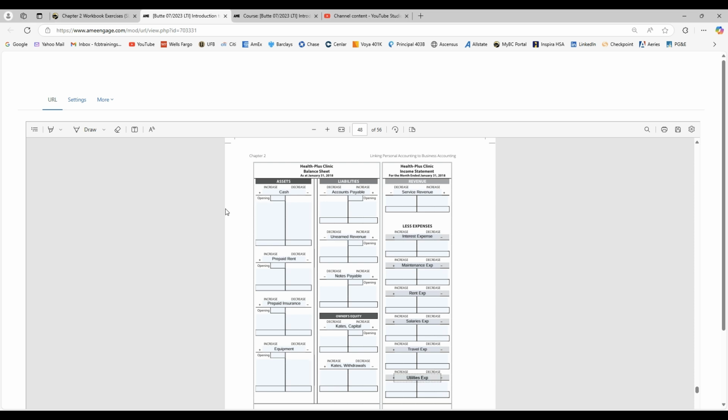And so let's get started with doing the actual work. So step one, just like we did before, we want to go through and put all of our beginning balances in. We can pull those off the list above. And let's see, accounts payable.